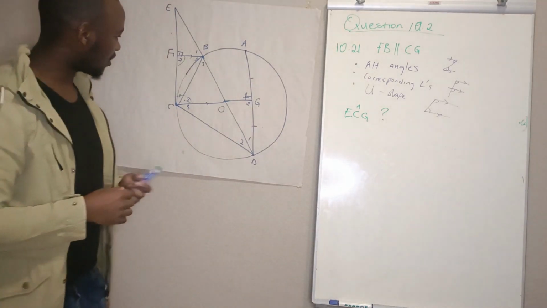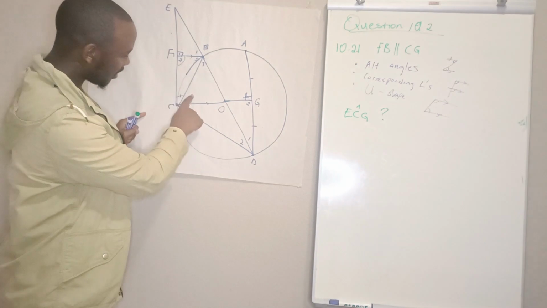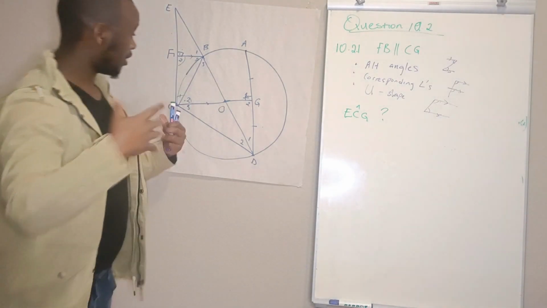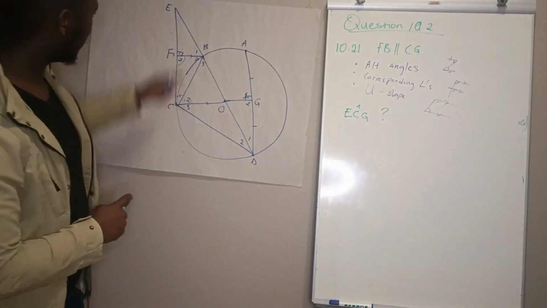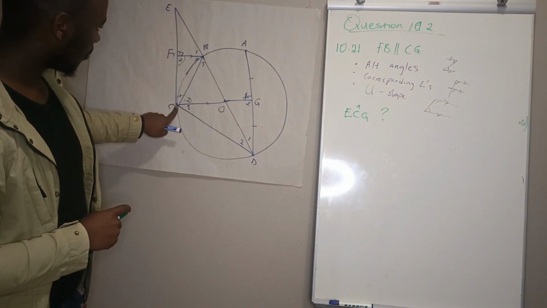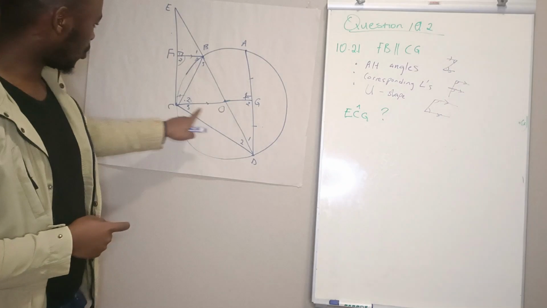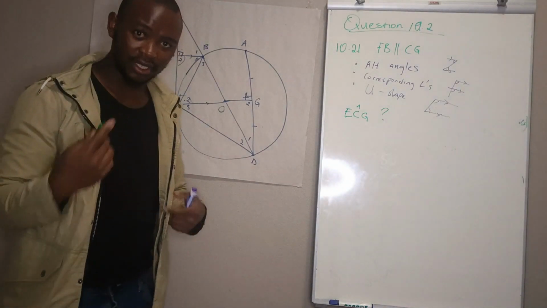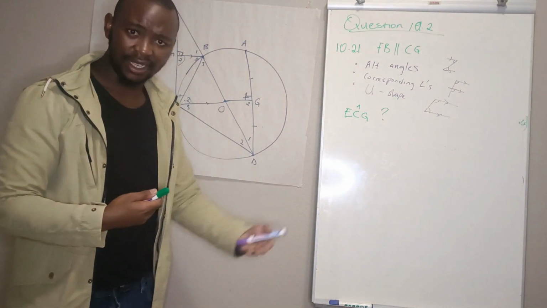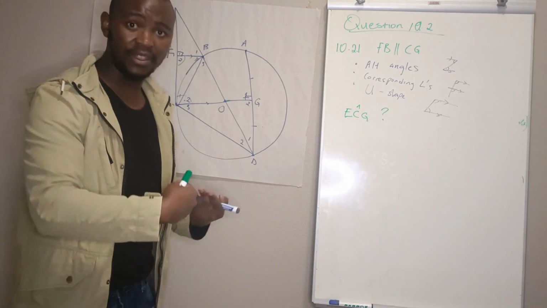So we ask ourselves, what can make this angle 90 degrees? You think, okay, there is a tangent there, and there is a radius. They told us there's a radius OG.